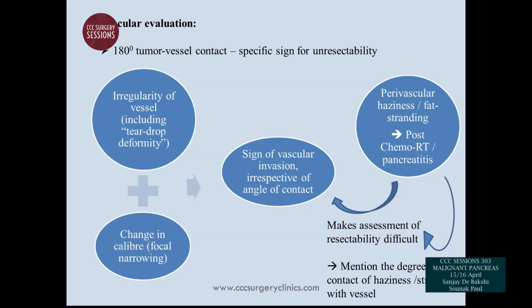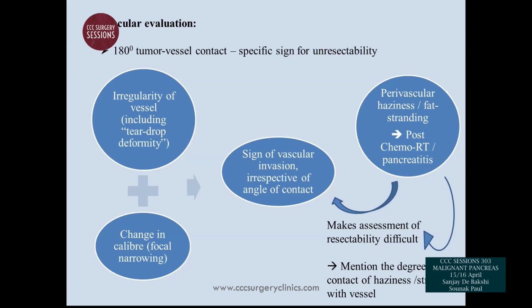In cases of post-chemoradiation or post-pancreatitis patients, there is a good amount of peripancreatic fat stranding extending up to the vessels: the celiac, SMA, and the portal and the SMV. In such cases, on CT, we cannot categorically mention whether there is any vascular involvement or not.